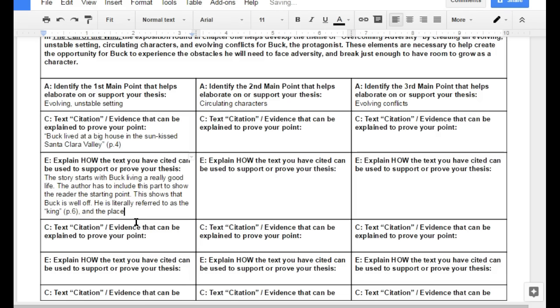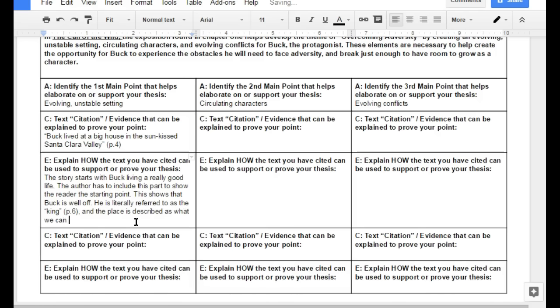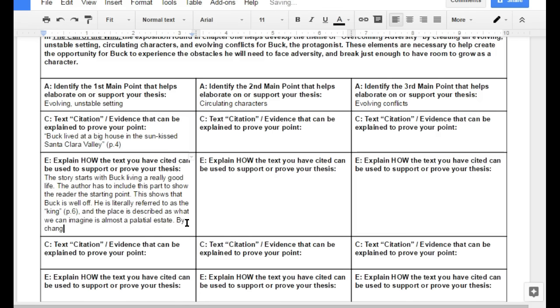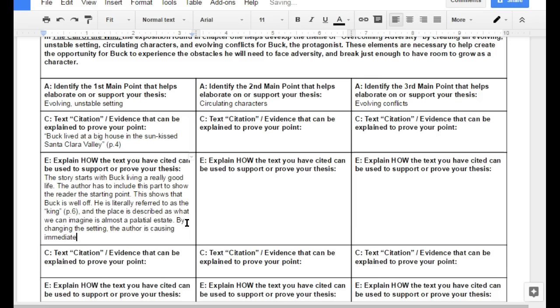And the place is described as what we can imagine is almost a palatial estate. Again, the more I do to show my reader, the better off I'm going to be. By changing the setting, the author is causing immediate conflict.